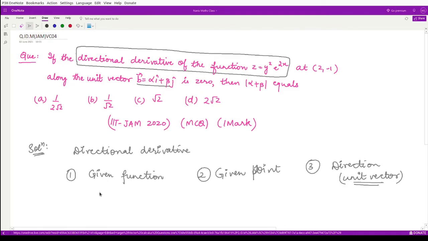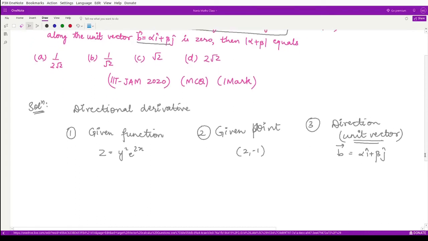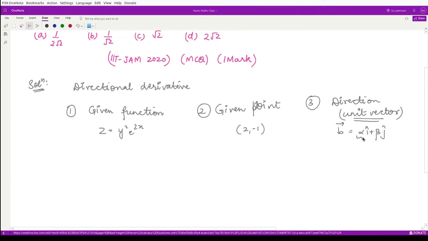The function is given to be z is equal to y square e to the power 2x. The point is given to be (2, -1), and the direction is given to be the unit vector b, which is alpha i cap plus beta j cap. If this is a unit vector, that means the magnitude of alpha and the magnitude of beta both are equal to 1, right?